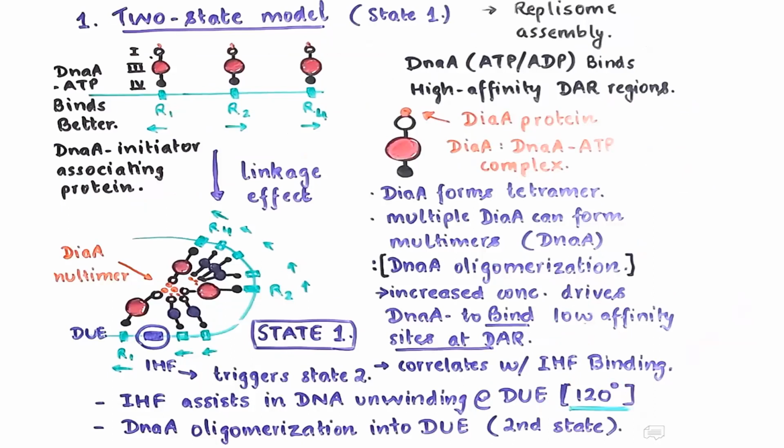The focus of origin binding in the two-state model is the R1, R2, and R4 regions because they are high affinity sites for the DNA A protein. The DNA A domain 4 recognizes the region and binds to the particular site, which means that in the picture the first domain is domain 1 and the red color is domain 3.